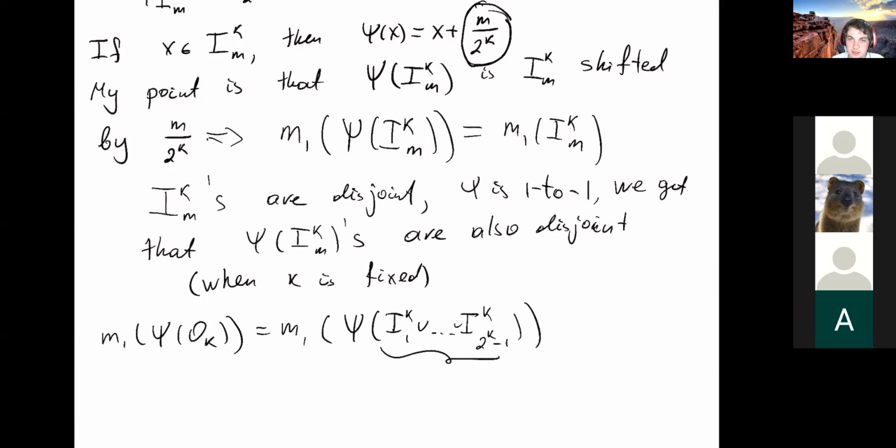So this is a rare case when psi of the union is equal to the union of psi's. Typically that's not true. Typically this is true for the pre-image, but not for the image. But because psi is 1 to 1, it's fine. So that's the sum of the measures.